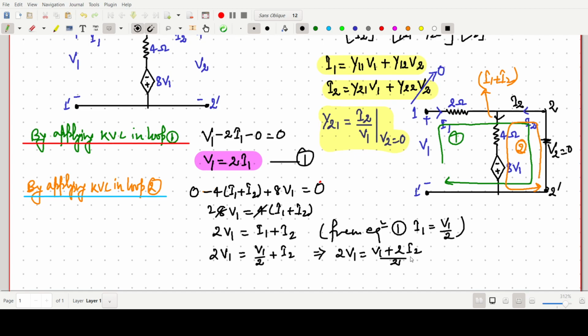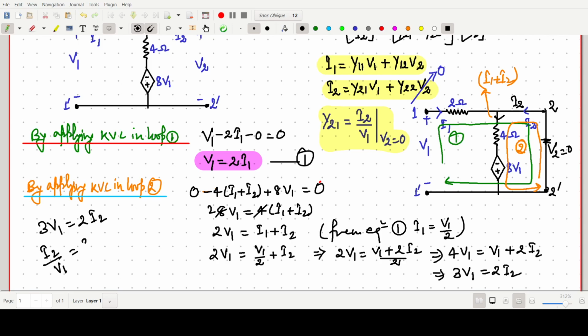So 4V1 equals V1 plus twice I2. So thrice V1 equals twice I2. We have to find I2 by V1 now, so I2 by V1 will be 3 by 2, that is 1.5, and the unit should be ohm inverse, or Siemens.